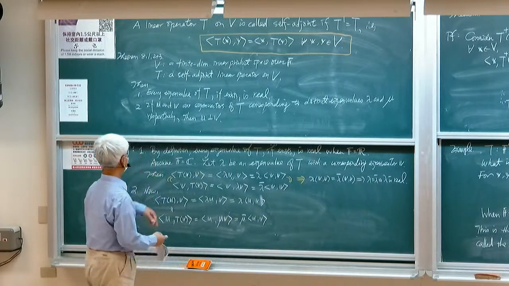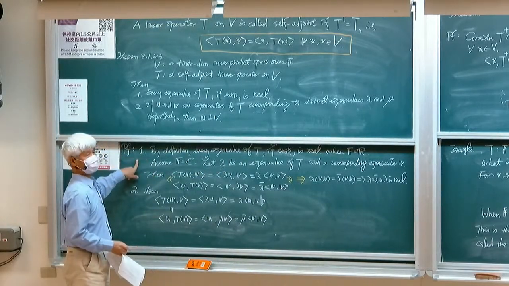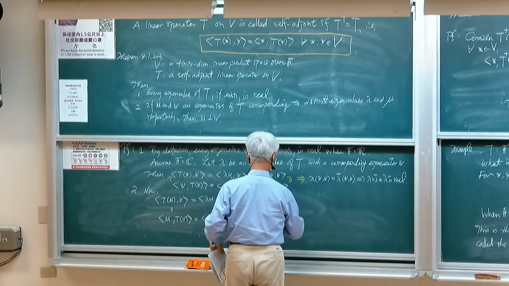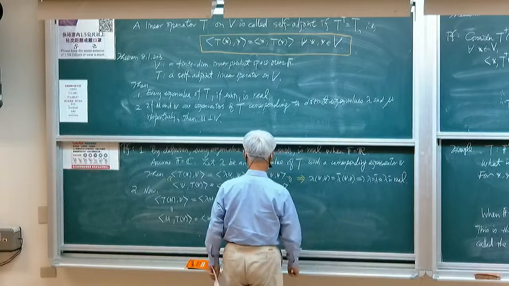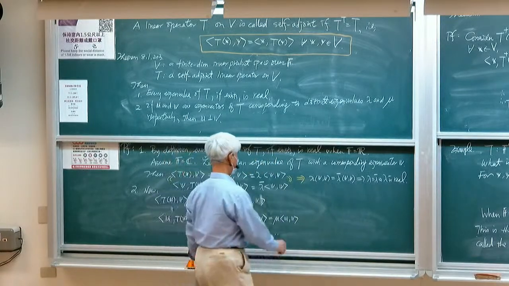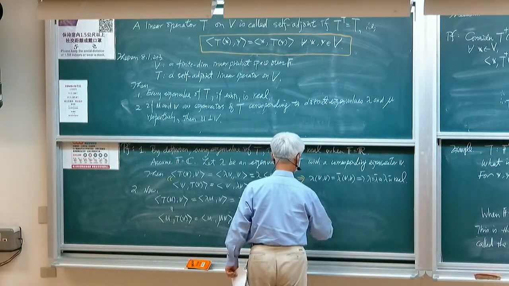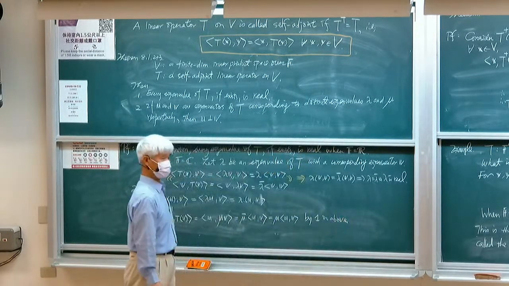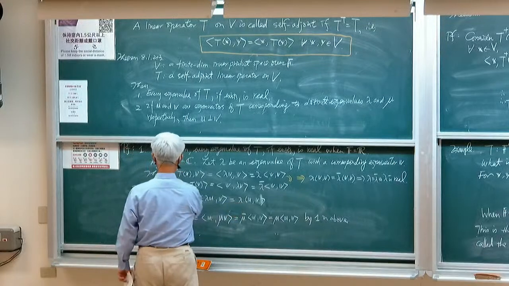But from 1, every eigenvalue should be real. So this is mu U V. By 1 above, every eigenvalue is real, and so they are equal.